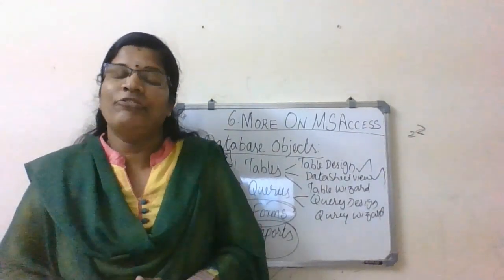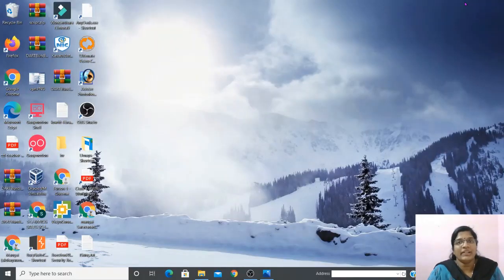Got it, students? Fine. Welcome back to today's practical session, dear students. Now we are going to study how to create forms and reports. So far we have studied how to create tables using datasheet view and table design view.